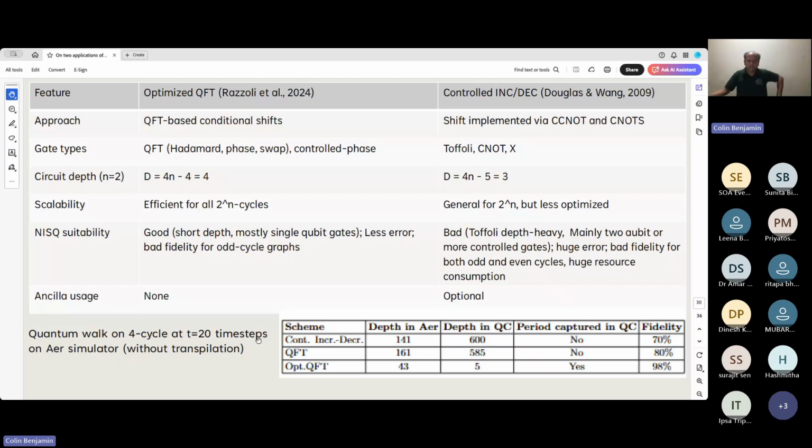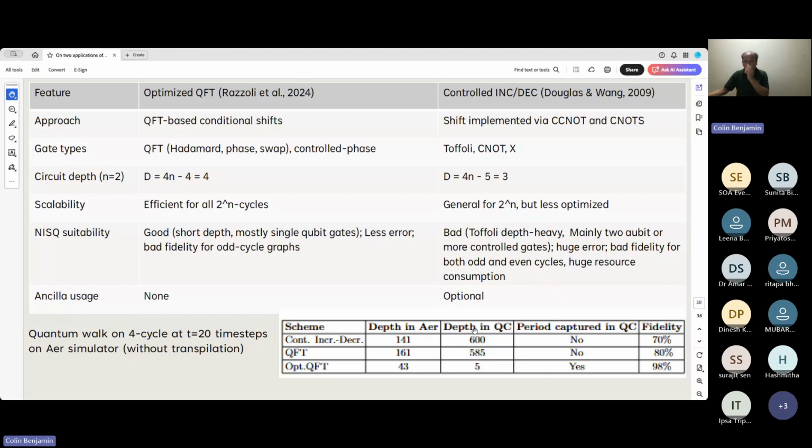So without that, you can see this is after 20 time steps. Effectively this is around 7, while the quantum Fourier transform protocol of Shakil is a circuit depth of around 8. While for the optimized QFT of Razzoli et al., it is just 2 or 3. It's very much reduced. So here you can see.